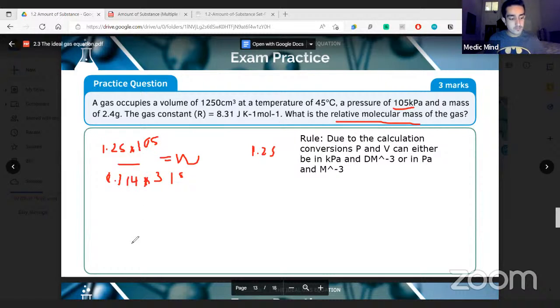So let me get my calculator out because I'm not that good at maths. Not that good at mental maths anyway. So you've got 131.25 at the top.